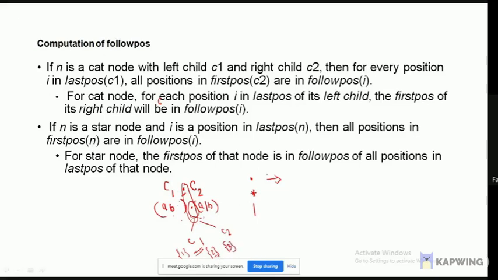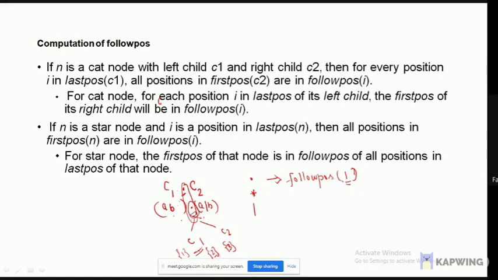Note down, follow position is applicable again for the symbols only. Here the symbols are represented as numbers, right? But that follow position is determined by the operator present in the parent.